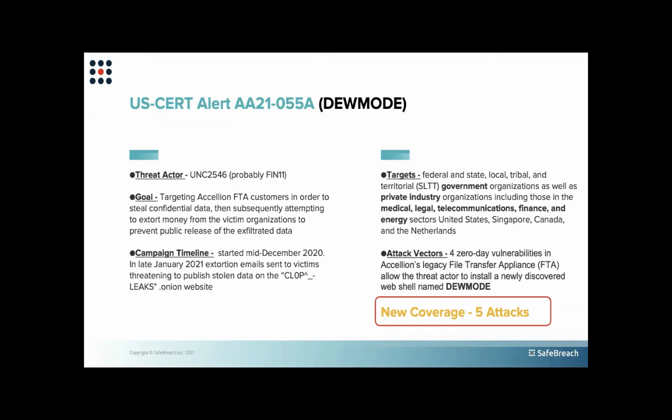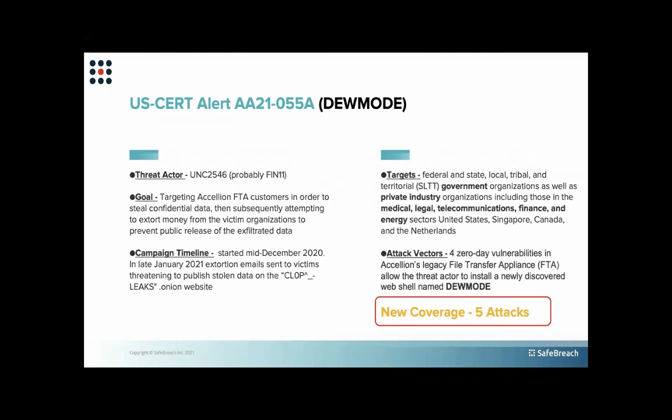They actually target a legacy Accellion FTA product. I'm not sure how many of you are using this product, but if you are, it's a very targeted attack for you. It's very critical to simulate it and to see that you are protected against it. So even though it was not as common a product as Exchange Server, we also added coverage for it.